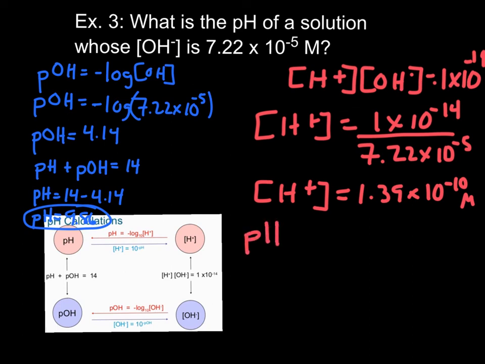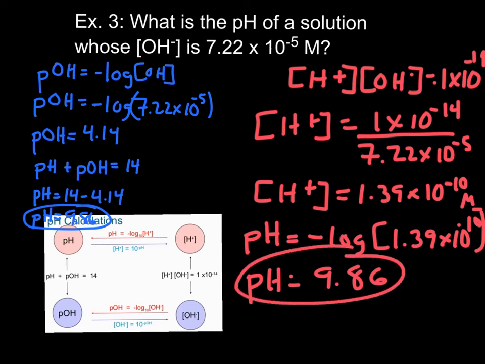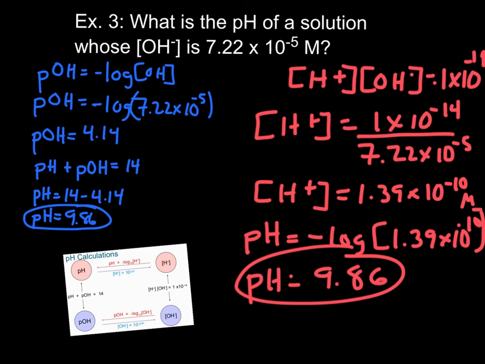So pH is equal to negative log of our newly calculated hydronium ion concentration, 1.39 times 10 to the negative 10th. When we do that, we also get a pH of 9.86. So what's wonderful about our little pH map is it doesn't matter which direction you choose, you end up getting the same answer. Both of our answers were the same for each direction.